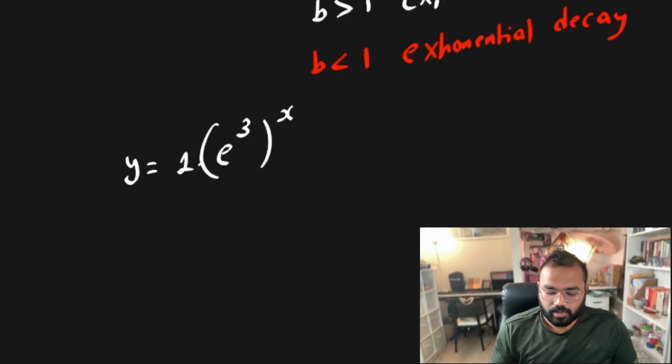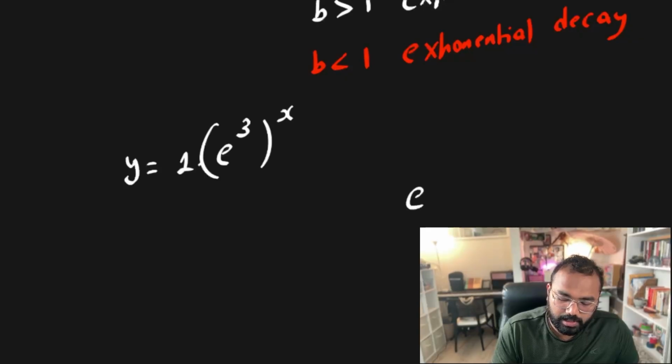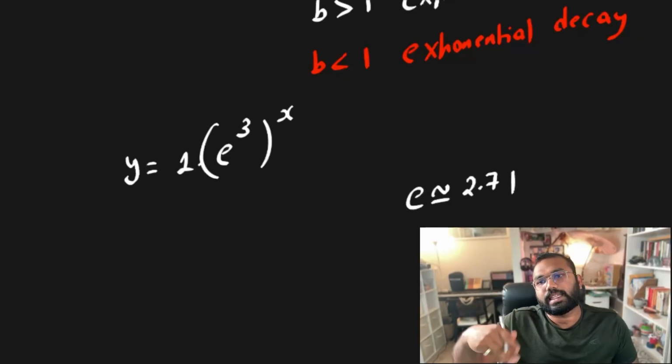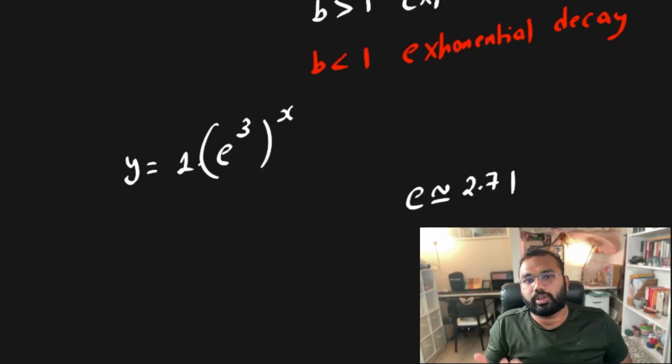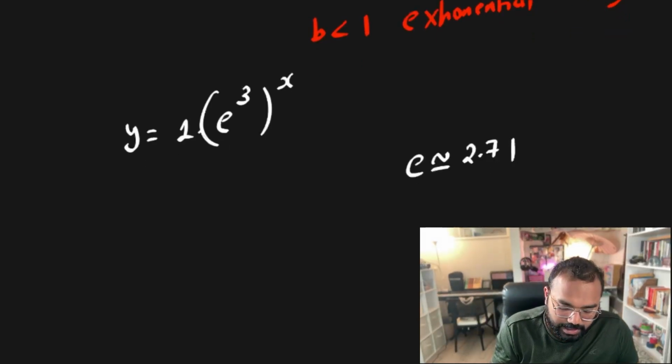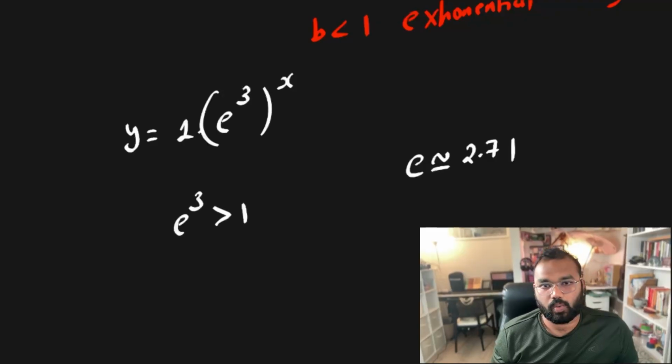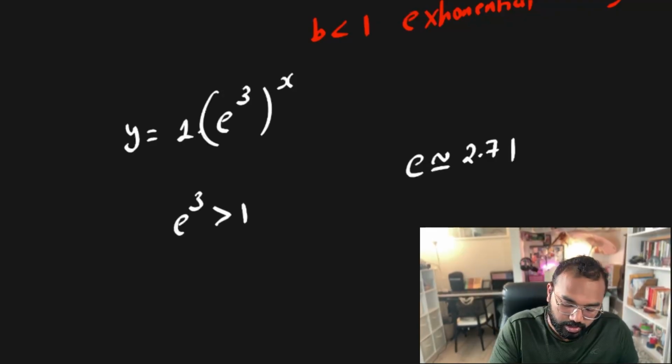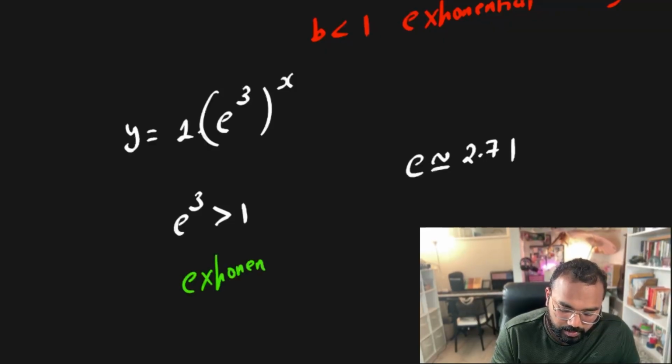We all know e is approximately 2.71. So e cubed is always going to be greater than 1. Therefore this model is an exponential growth model.